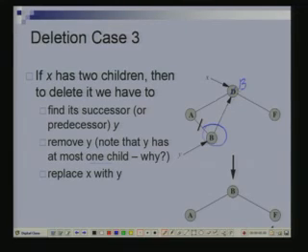Okay. Why can I move this here? Why would the search property not get violated by moving the content of b here? Because b was the predecessor of d, everything in this left subtree was less than d, and b is the largest element in this left subtree. So, everything in this left subtree is also less than b.